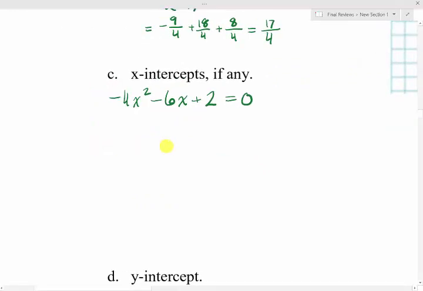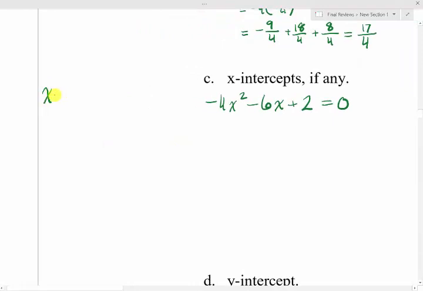Our quadratic formula is x equals minus b plus or minus the square root of b squared minus 4ac, all over 2 times a. Now, if you're going to use your quadratic formula, make sure you are 100% sure what it is. Unfortunately, I do have some students who will forget that 2a at the bottom, and it does give you the incorrect answer.